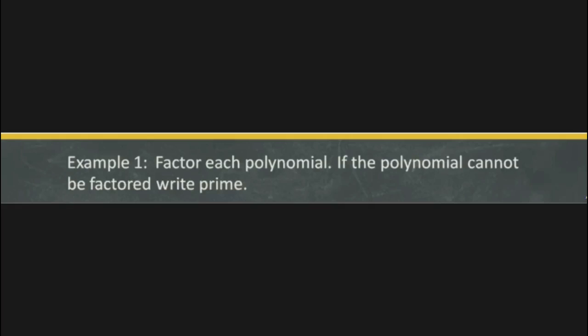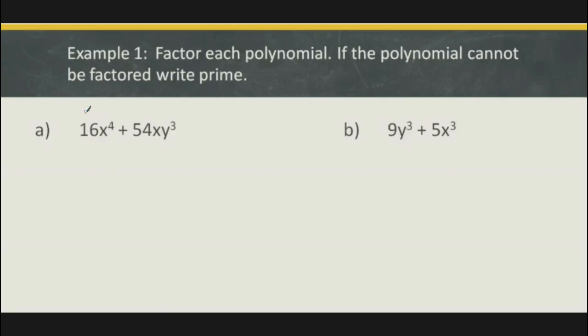Okay, so in example 1, our goal is to factor the polynomial completely. And if it cannot be factored, then you're going to write it out as being prime. So let's start with examples A and B. In example A, we have 16ax to the 4th plus 54xy cubed.